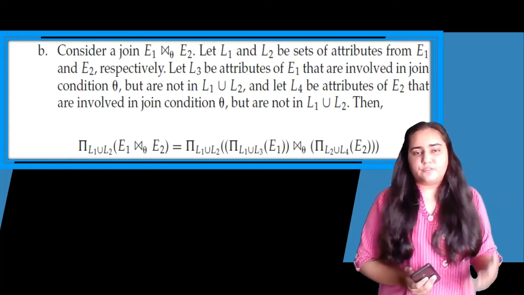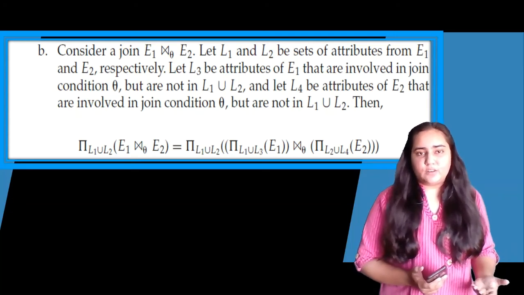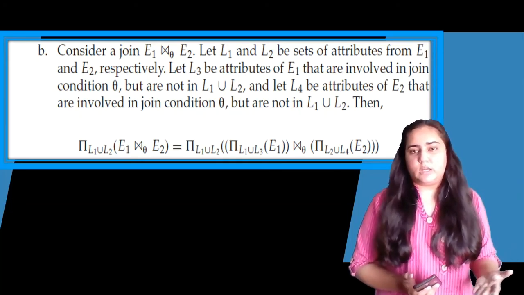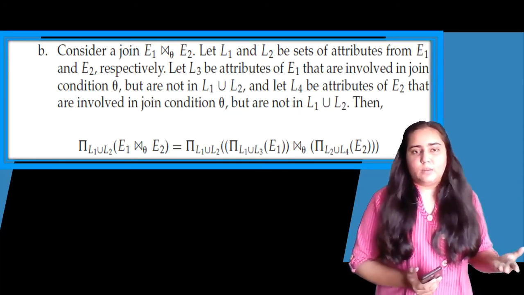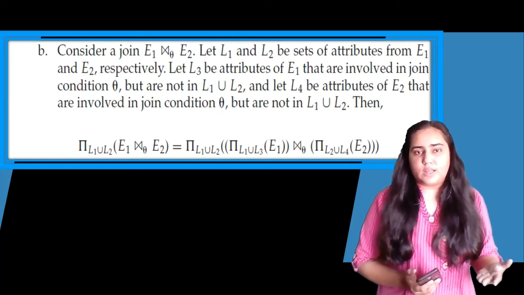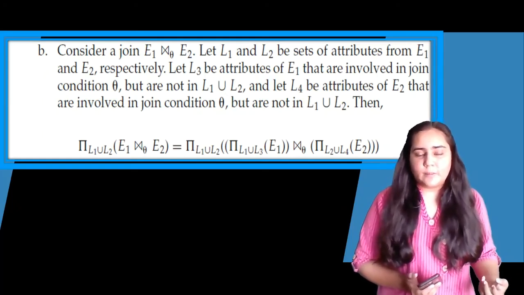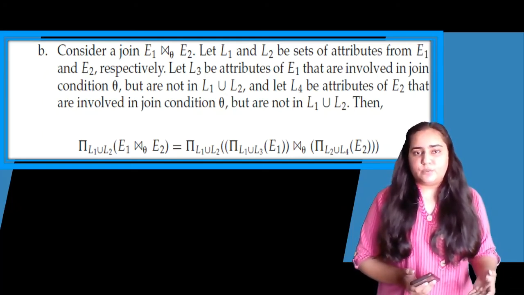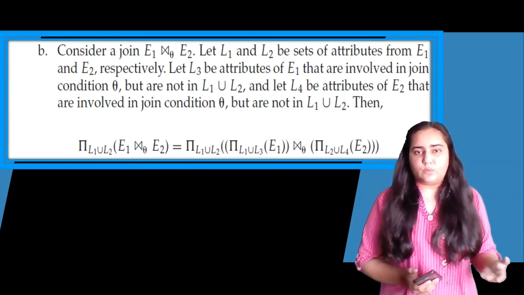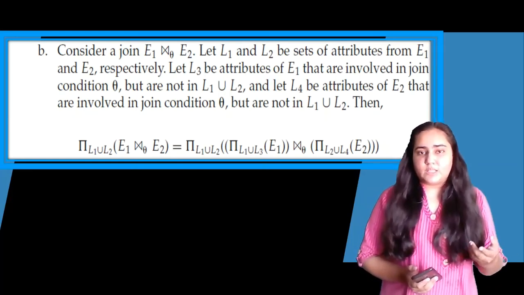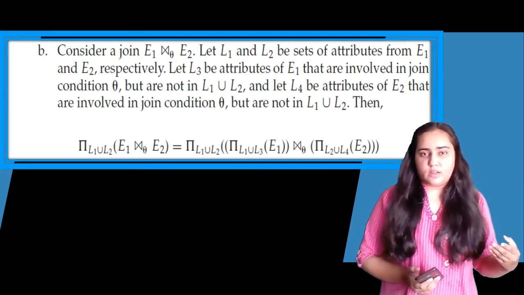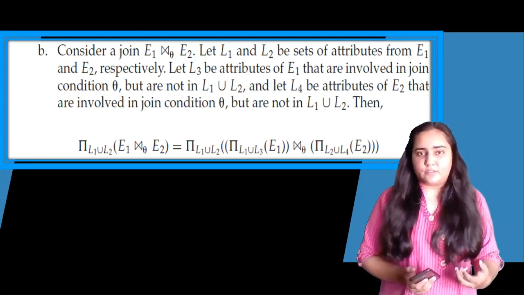So that is the type of thing we are trying to do here. And you can see on the left-hand side of this result, there is pi L1 union L2, which we are trying to extract. And in bracket, we are trying to perform a theta join between E1 and E2. Remember that the theta join is being performed using columns, a list of columns L3 and L4.